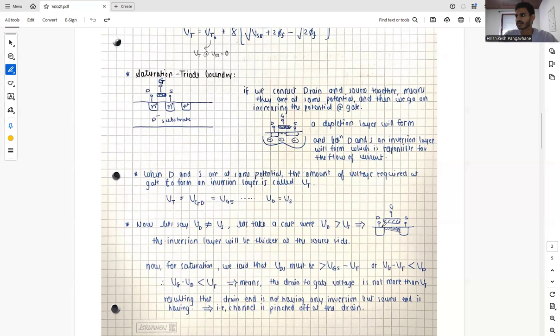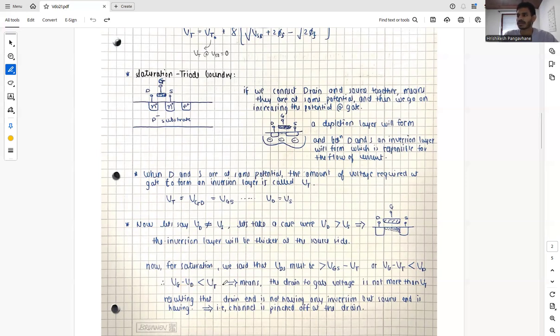At this point, the inversion layer will be thicker at the source side. For saturation, we said that VDS must be greater than VGS minus VT, or VG minus VT should be lesser than VD. We can rewrite the equation as VG minus VD should be lesser than VT.